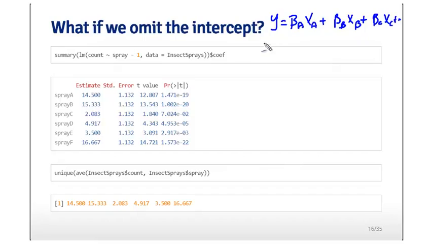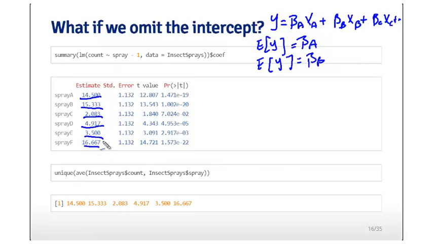And so the expected value of yi, if that happens to be in spray A, it turns out to be beta A. The expected value of y, if it happens to be for spray B, it turns out to be beta B, and so on. That's the model in this case that we fit. And so these should be the means for each group.